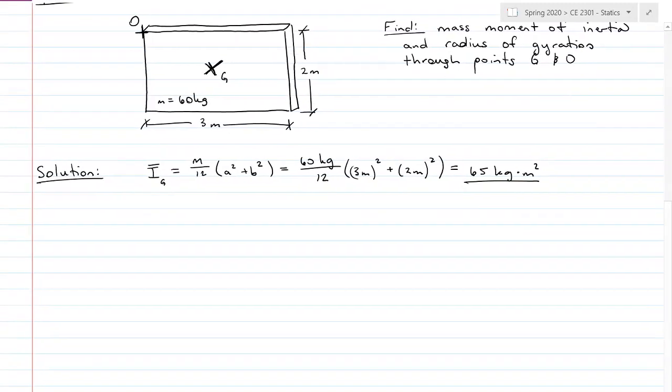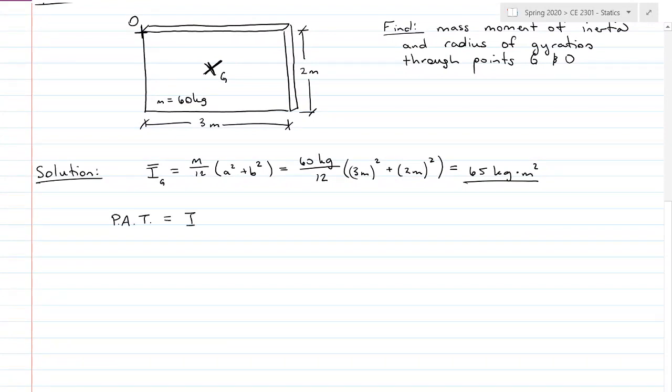Now I'm just going to use the parallel axis theorem to move it. So I_O, about the upper left-hand corner, which is not the center, is equal to the center, I_G, plus mass times distance squared. So this is going to equal 65 kilogram meters squared plus my mass, 60 kilograms, times the distance I want to travel.